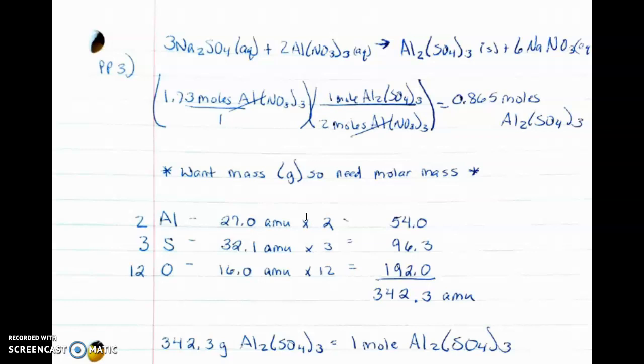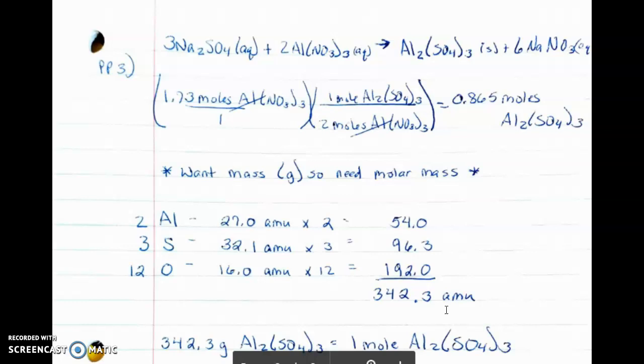But I don't just have 1 of each, I have 2 aluminum, 3 sulfur, and 12 oxygen. So I simply multiply by the number of atoms I have. So I had 54 AMU of aluminum, 96.3 AMU of sulfur, and 192.0 AMU of oxygen. And when I add that together, I know that the molar mass of 1 aluminum sulfate molecule has a mass of 342.3 AMU.